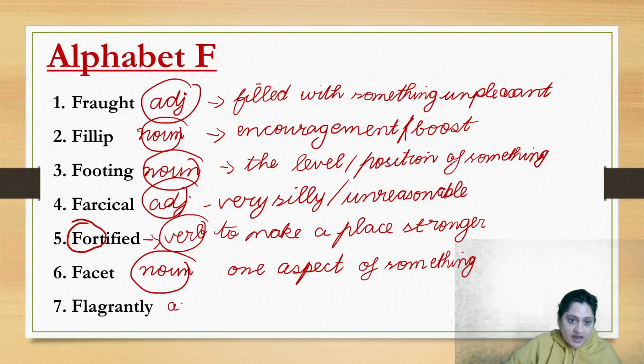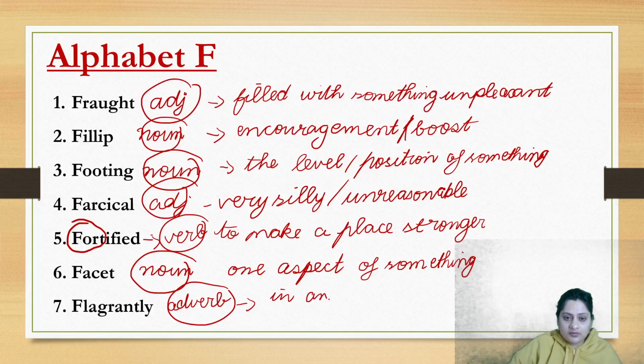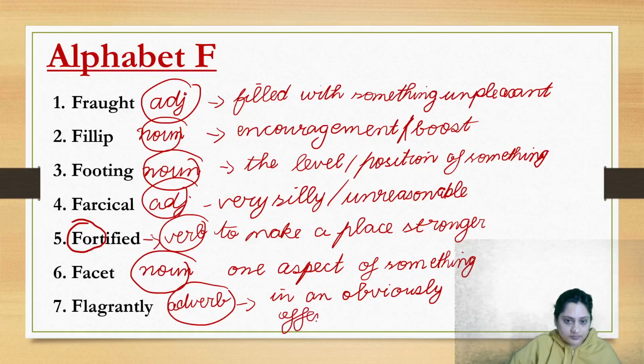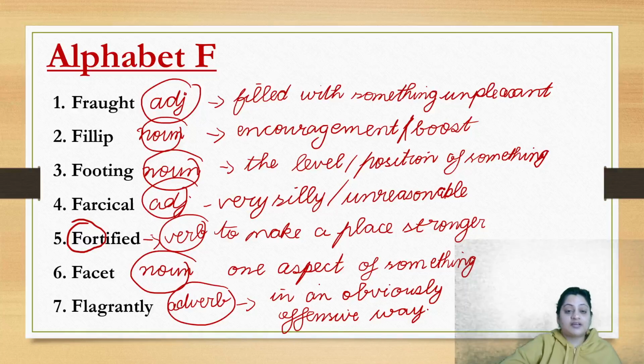Flagrantly is an adverb, okay, so which means in an obviously offensive way, okay, in a way which is shocking, which shows lack of respect. So flagrantly, okay, which is offensive, which is rude, flagrantly. Clear? So these are your 7 words from the alphabet F.